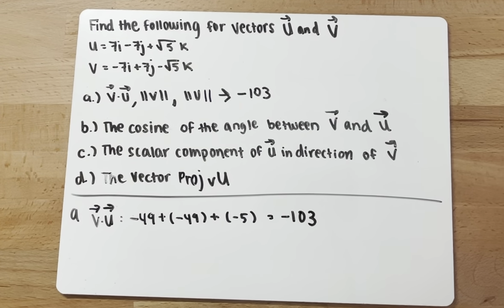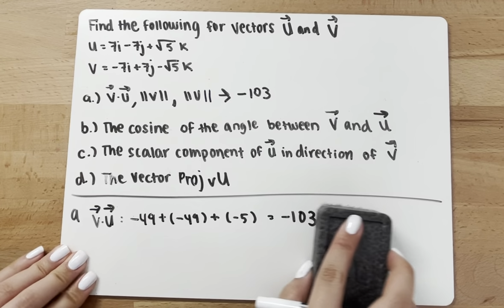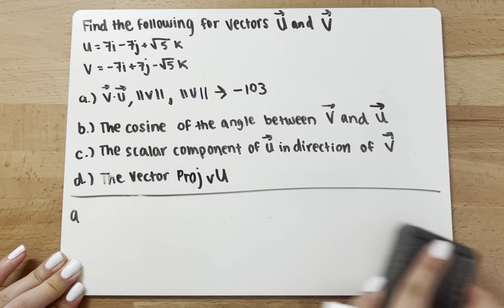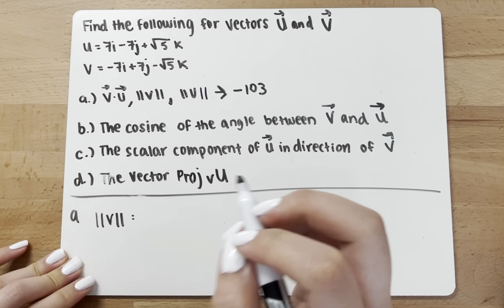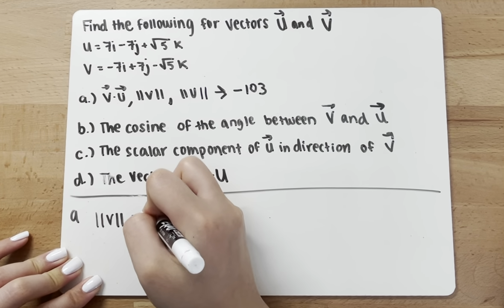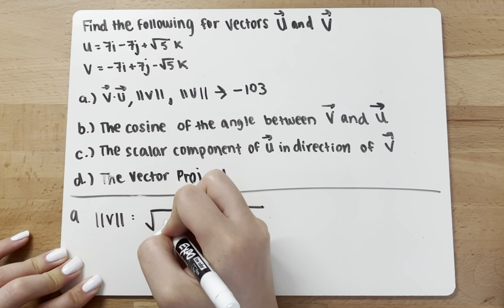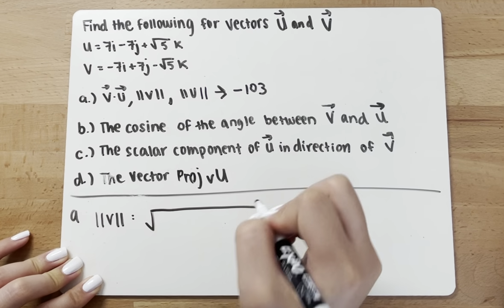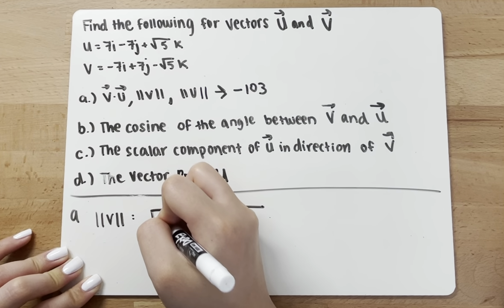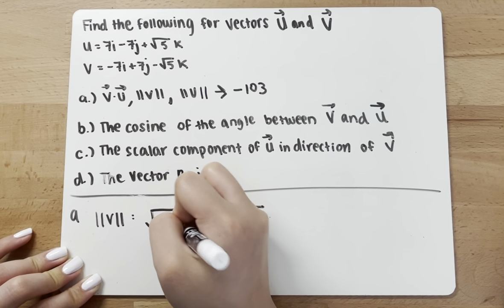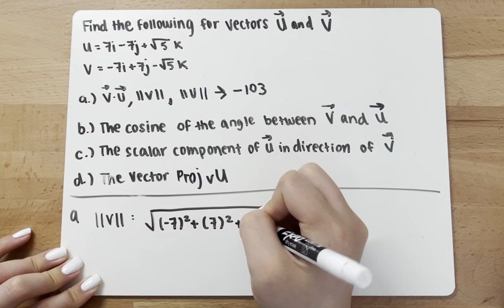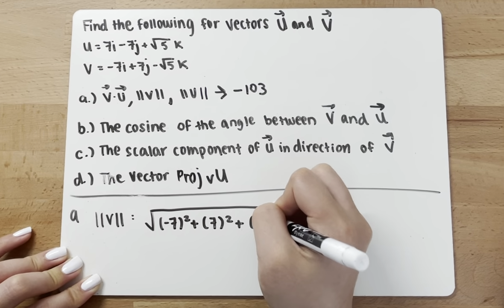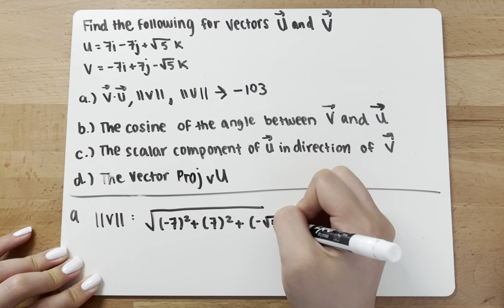Moving on to the magnitude of v. To find the magnitude of any vector, you simply take the square root of the terms squared and then add them all together. So for v, you do -7 squared added with 7 squared added with -√5 squared.